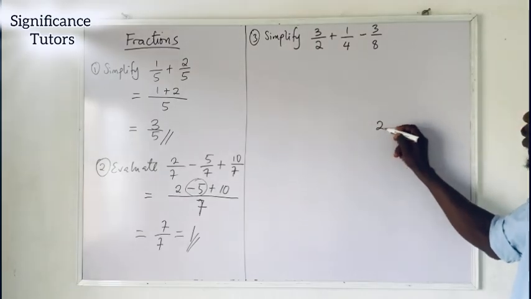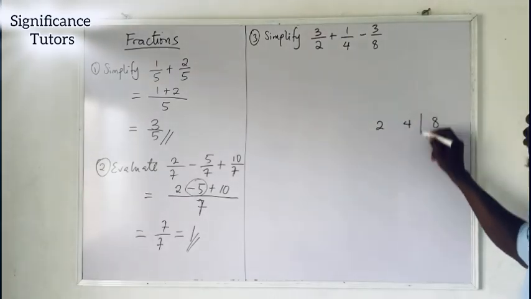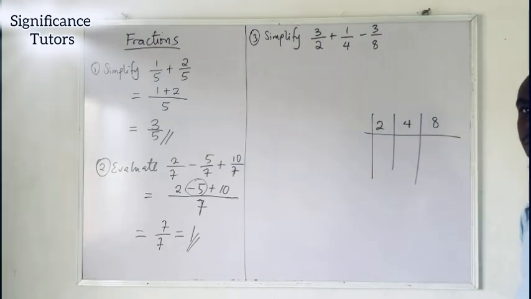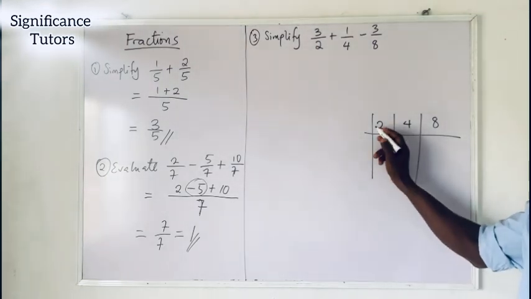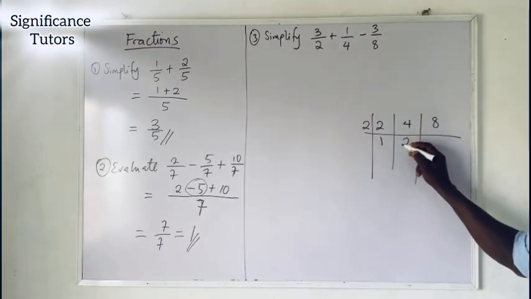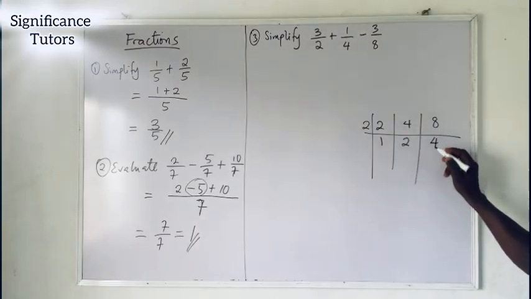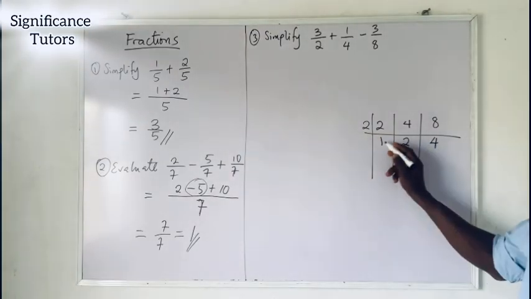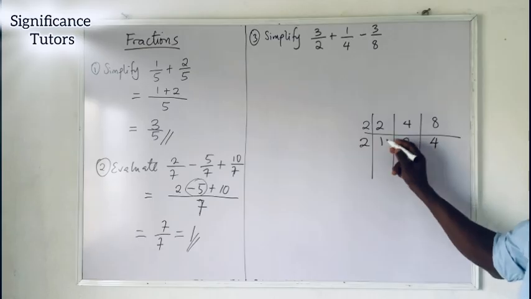We can bring the numbers 2, 4, 8 and start cancelling out, starting from the smallest number. If I divide them by 2, we have 1, we have 2, we have 4, right? The next number I can divide by is 2. This is already 1.